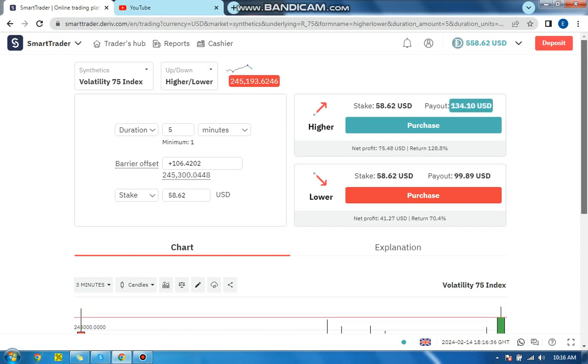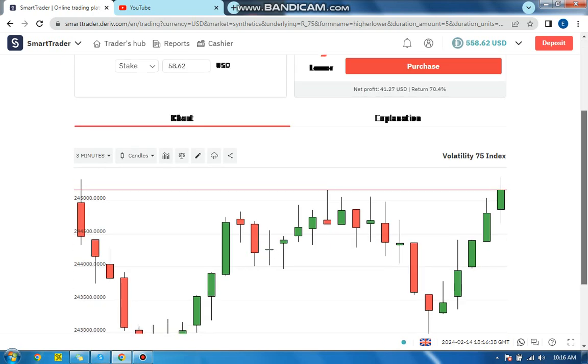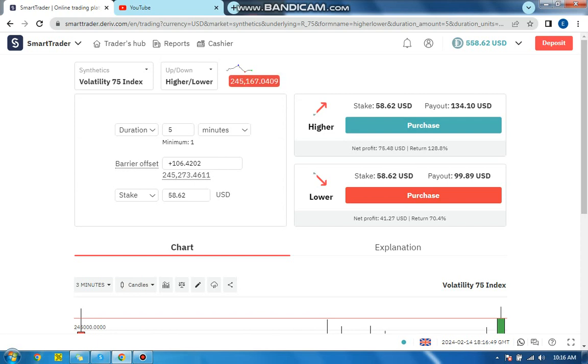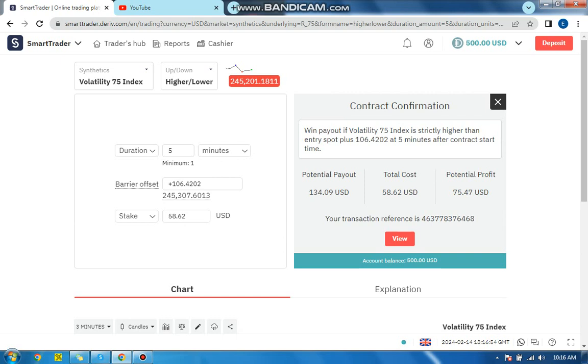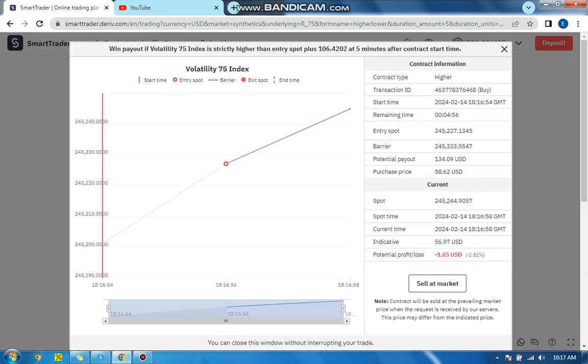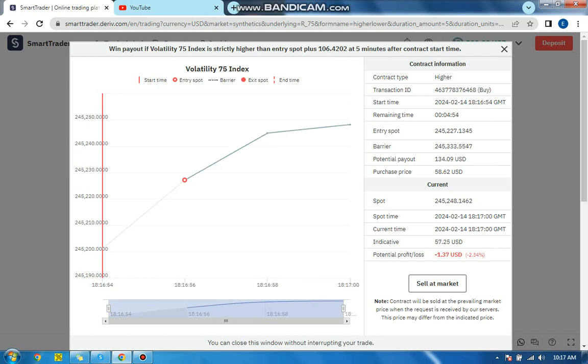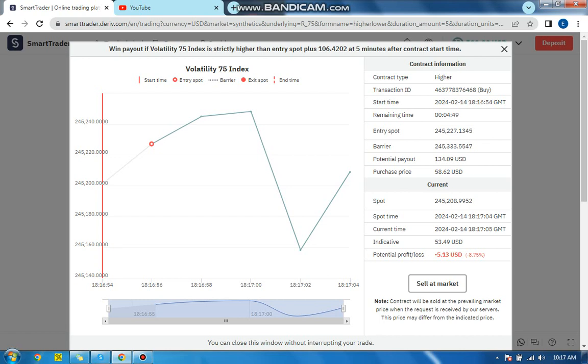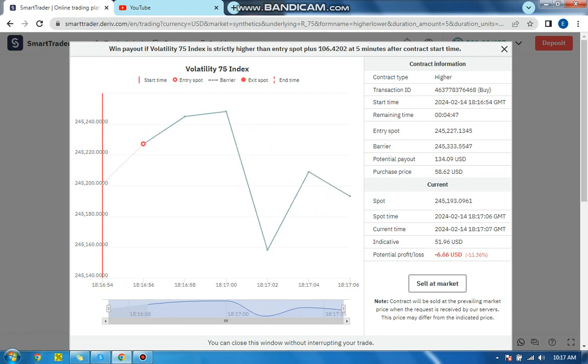So once again, I will see the market trend here. As you can see, now it's going down and a bit up. So just be patient here, and from this point I'll take the trade. The target was only $50, but we have made $58, and now we are trading with our profit.